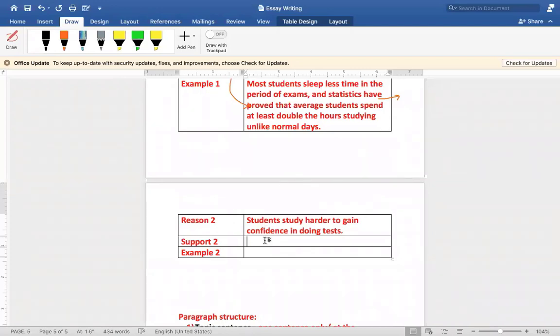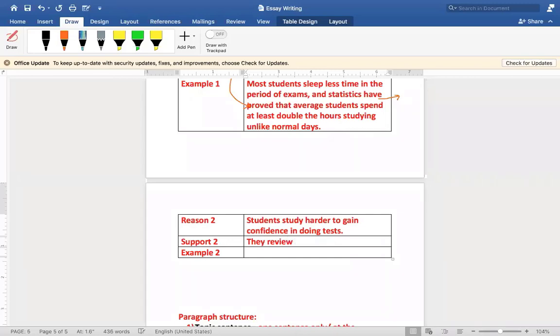يعني ايه to gain confidence؟ بيعملوا ايه يعني to gain confidence؟ I repeat studying more and more. They repeat studying, so they don't forget.